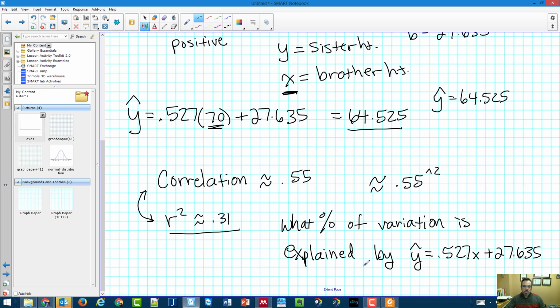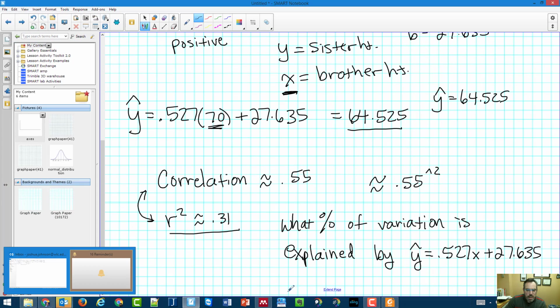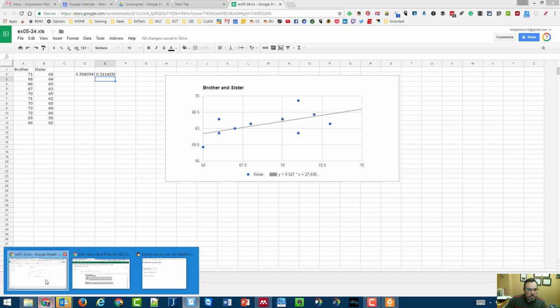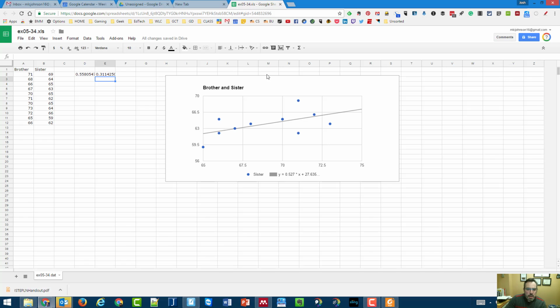All right, it's really going through and saying, well, about 31% of all of the variation that occurs here is explained by that line. Again, it's just a measure of strength. So I can be relatively certain, I mean, I've got a pretty good chance, that my line is actually explaining the data that I'm seeing here. A couple of things to keep in mind, though.